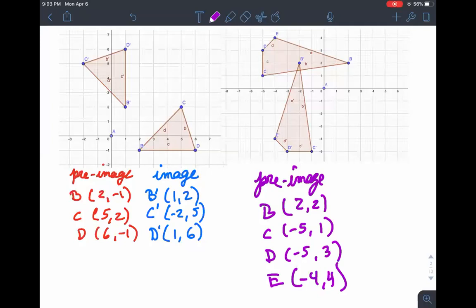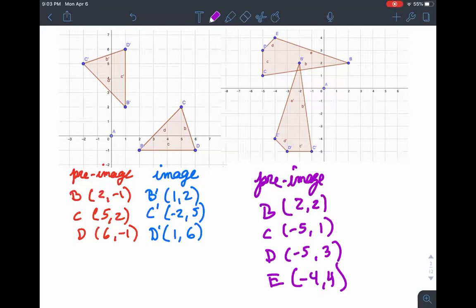Okay, so first of all, I have written down the coordinates of the points in the pre-image, which is quadrilateral BCDE. And you can see the coordinates are 2, 2 for B, -5, 1 for C, -5, 3 for D, and -4, 4 for E. Now we're going to rotate that 90 degrees as you see in the illustration.